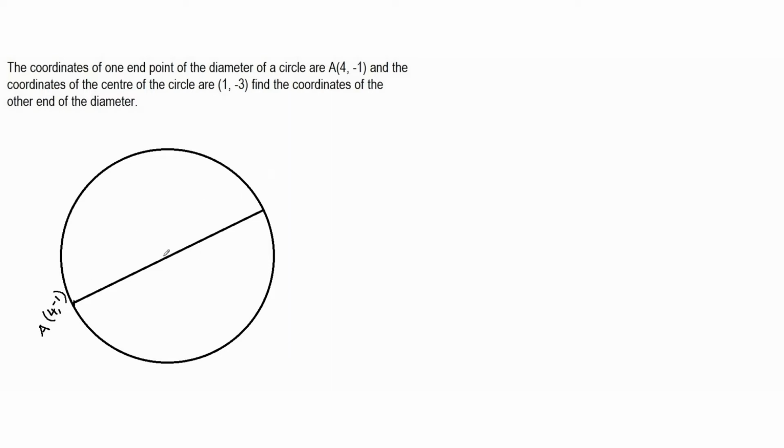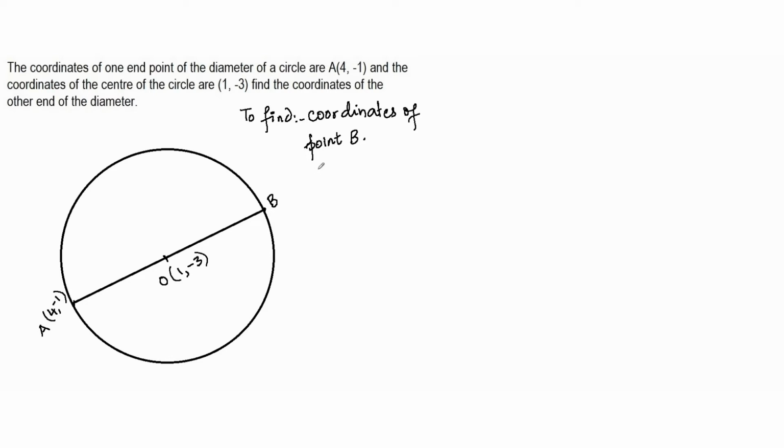And the coordinate of the center of the circle, the center O, is 1, minus 3. We want to find the coordinates of point B, the other endpoint of the diameter.